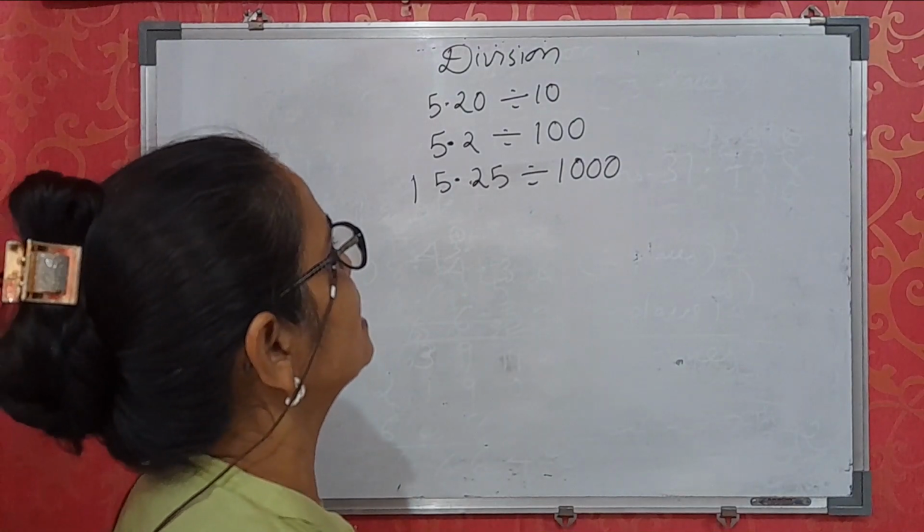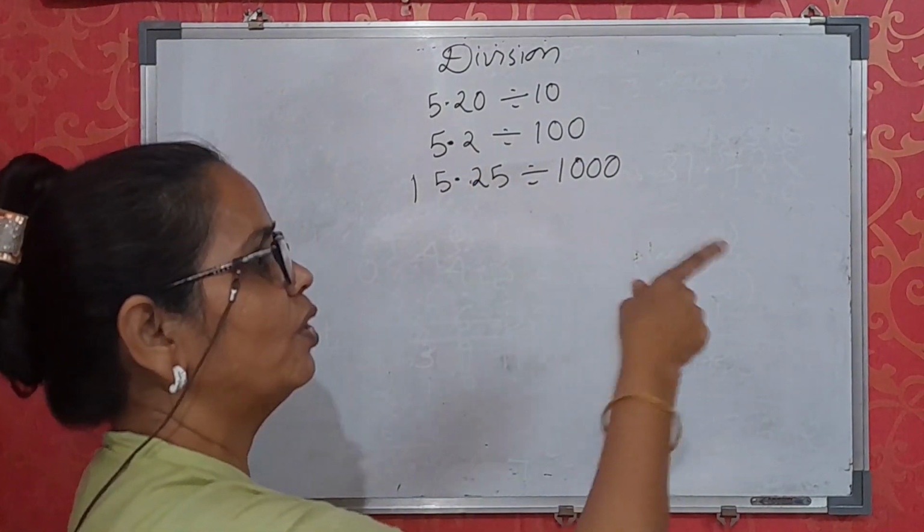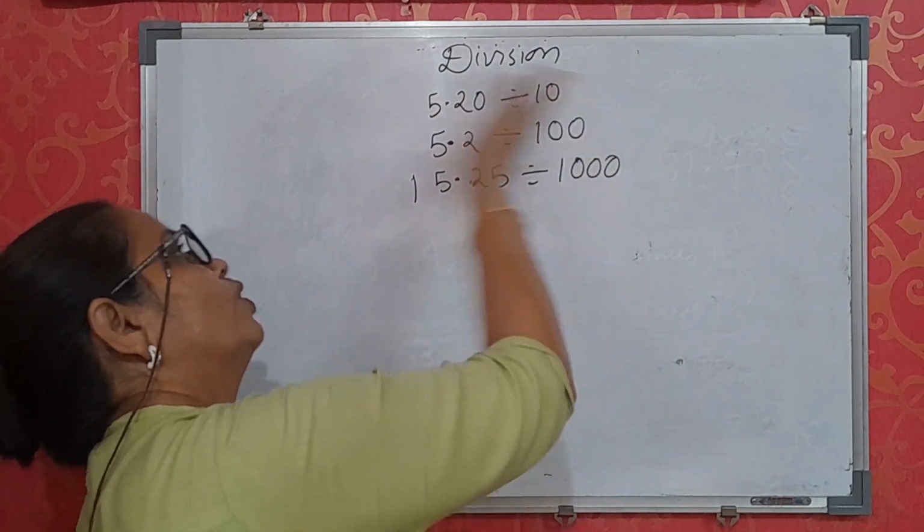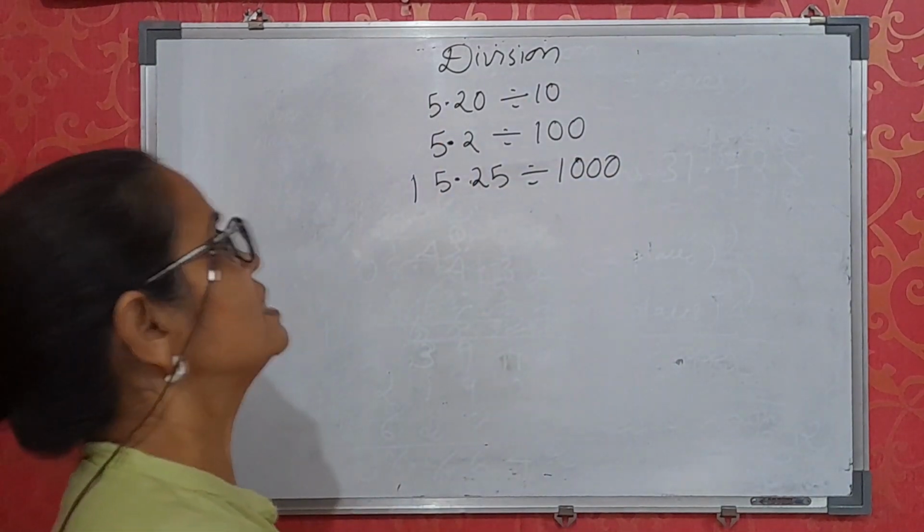Now in multiplication we shift our decimal point to the right hand side. So in division we shift our decimal point to the left hand side.